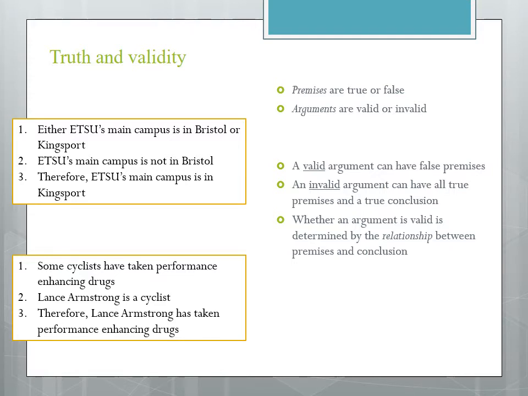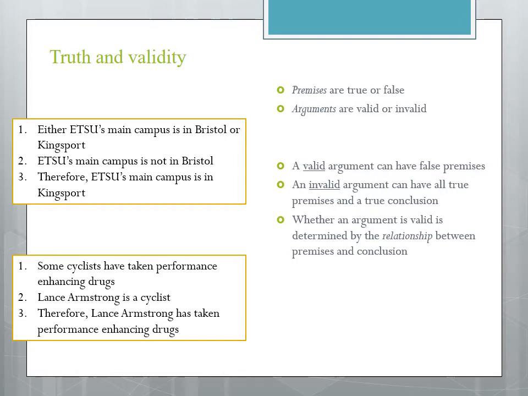It would still be true that some cyclists have taken performance-enhancing drugs. And it would be true of our substitute that they are a cyclist. But it would be false that they had taken performance-enhancing drugs. So an argument that has this form might have all true premises but a false conclusion. And what that tells us is that even if the premises are all true, it doesn't force the conclusion to be true. And so this is an invalid argument.